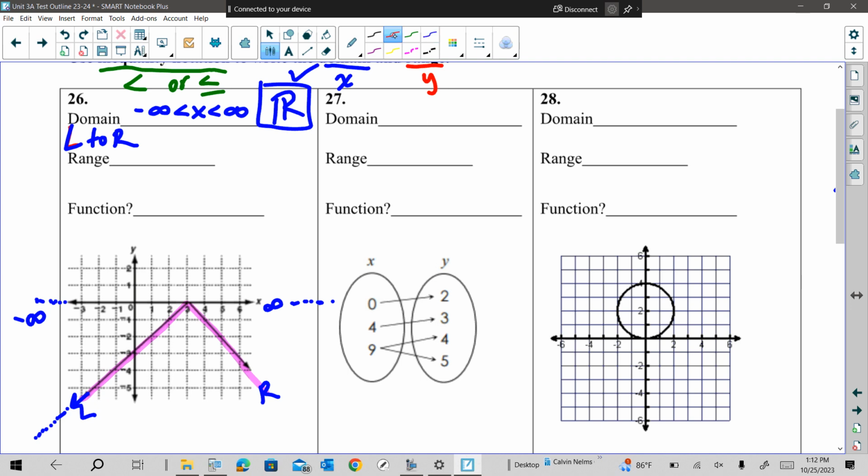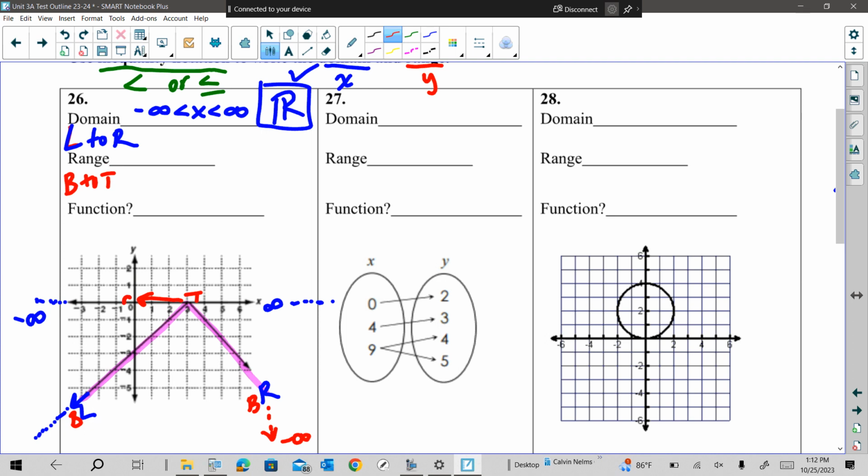So range. Is it y less than 0? Yes, because we're looking from the bottom to the top. The bottom is pointing down, and since it's pointing down, that's a negative infinity. For the top, you have to look at the y-axis.